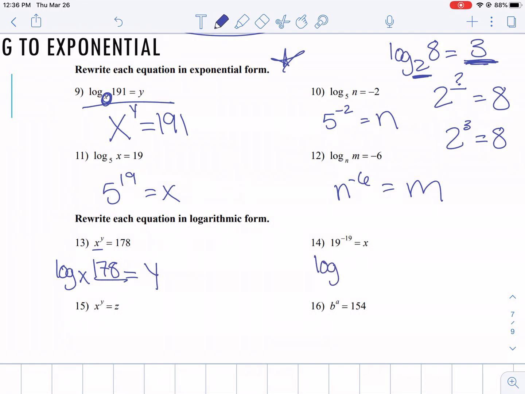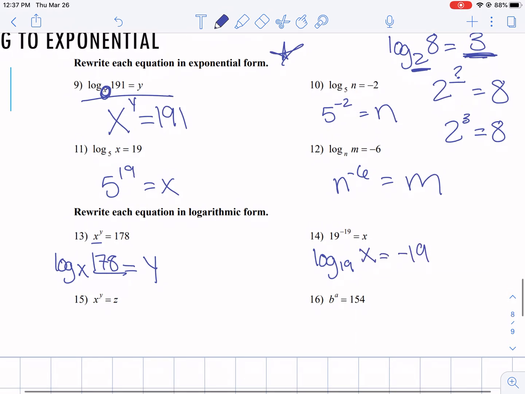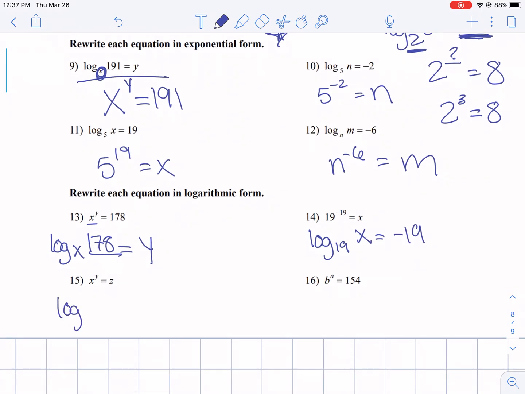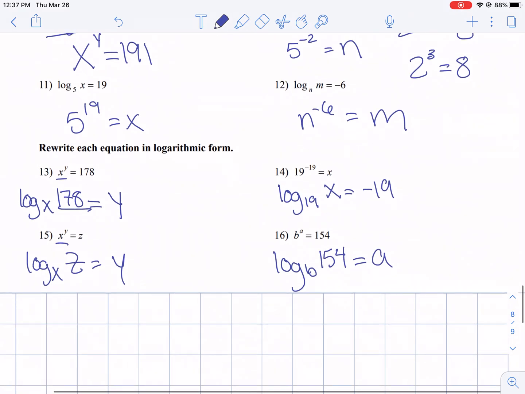So this would be log base 19 of x equals negative 19. Log base x of z equals y. And then log base b of 154 equals a. Okay? So maybe you could think about it as: log, base, value equals exponent.